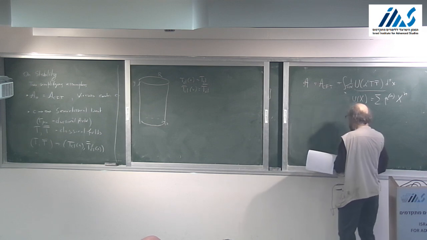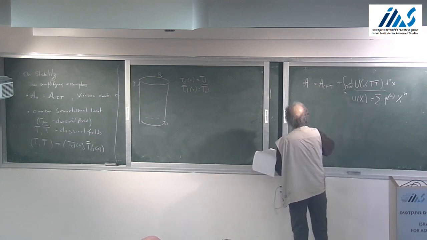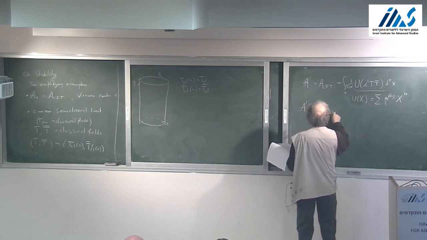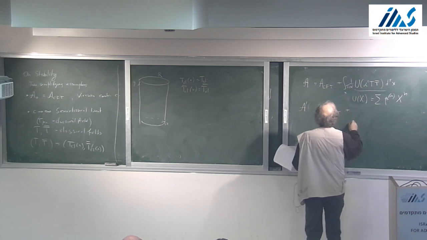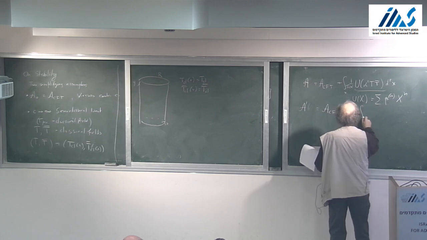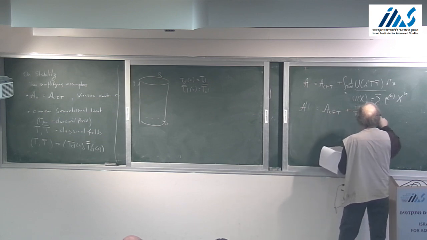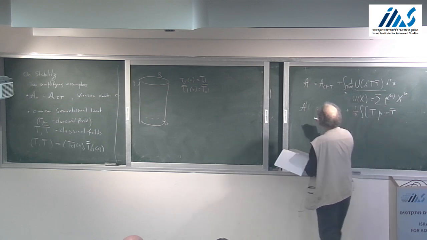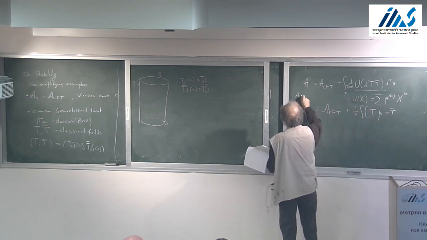So I define myself an action prime, which depends on auxiliary parameters mu and mu bar, and this is going to be ACFT plus 1 over pi integral of T mu plus T bar. So I introduce an additional auxiliary field.